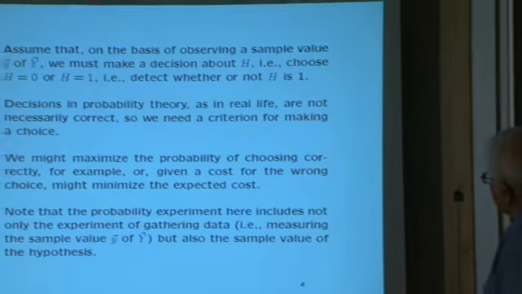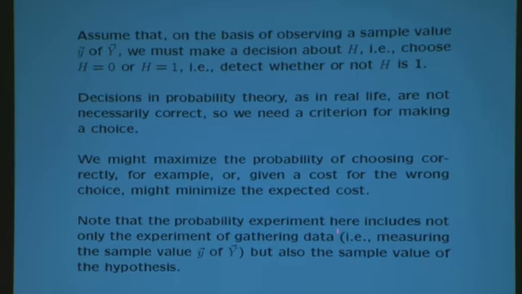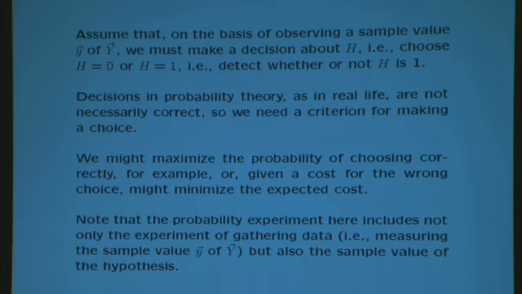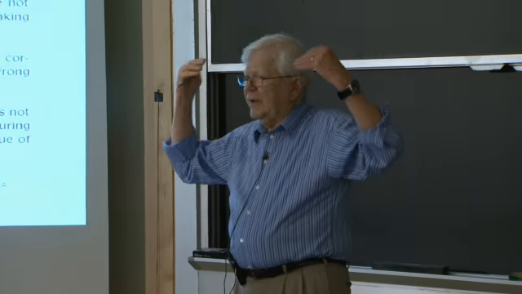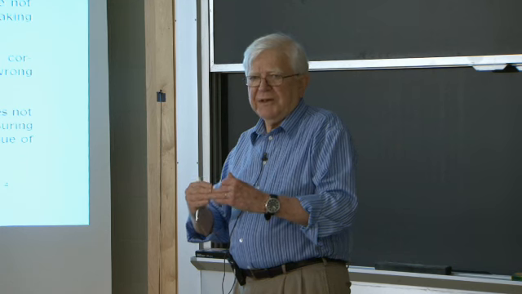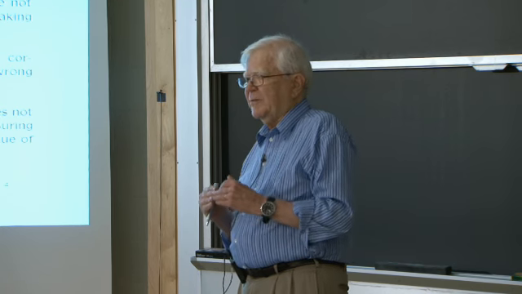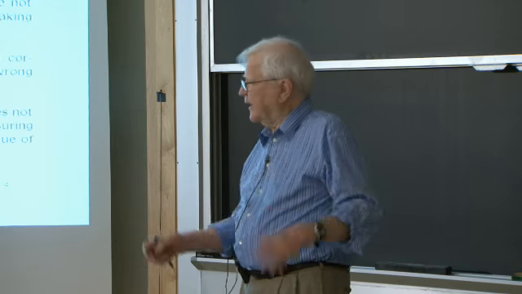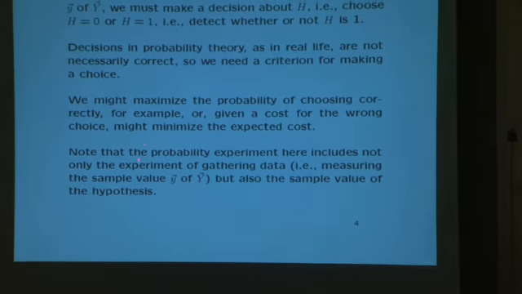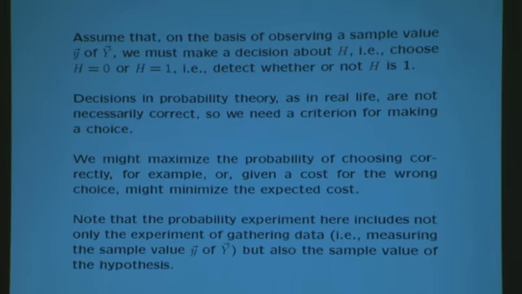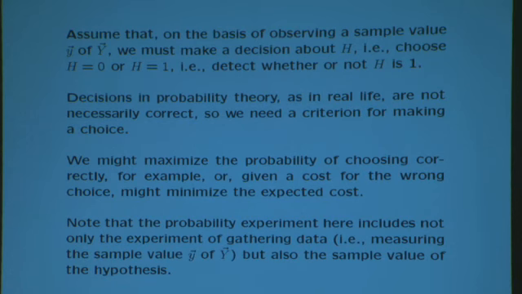Okay, the probability experiment here, I mean, every probability model we view in terms of the real world as you have this set of probabilities, a set of possible events. You do the experiment. There's one sample point that comes out, and after the one sample point comes out, then you know what the result of the experiment is. Here, the experiment consists both of what you normally view as the experiment, namely taking the observations, and it also involves a choice of hypotheses.